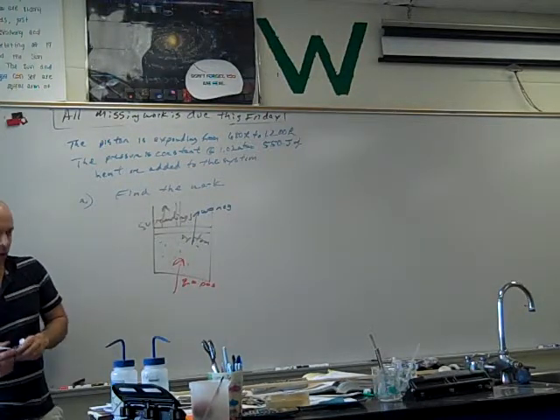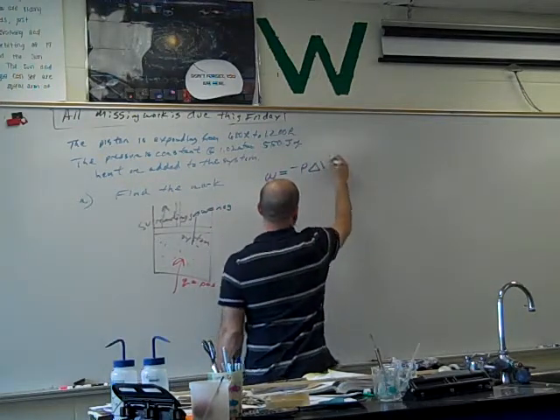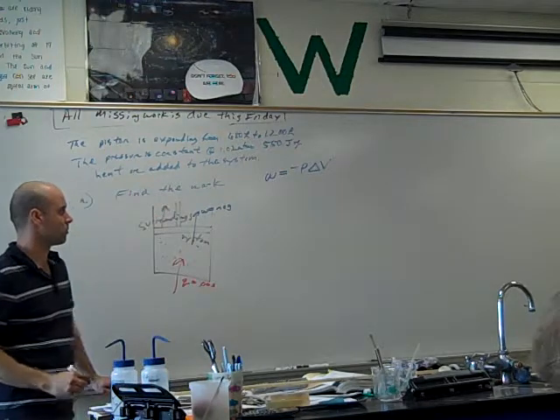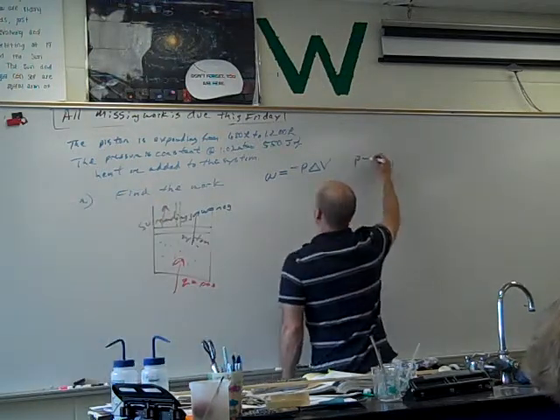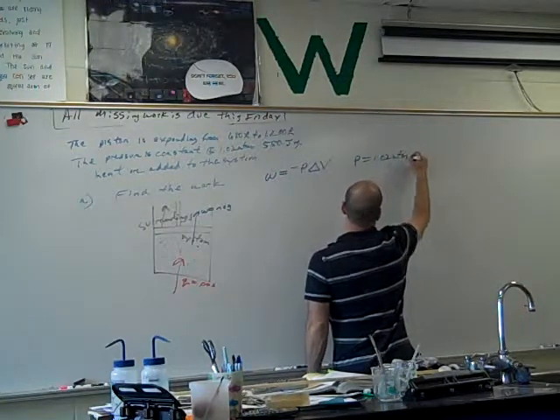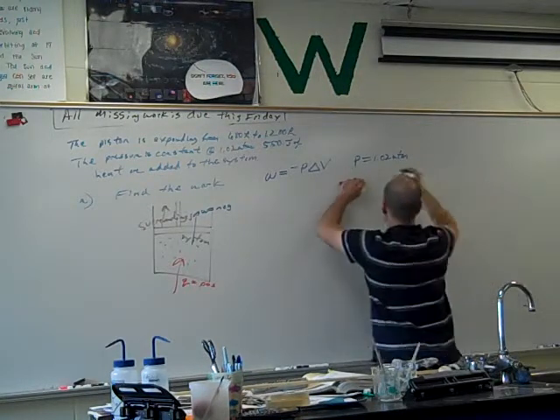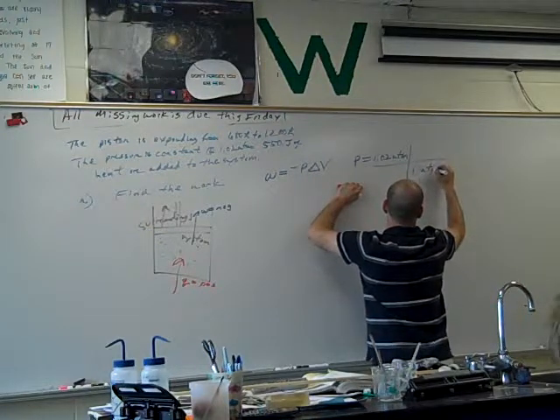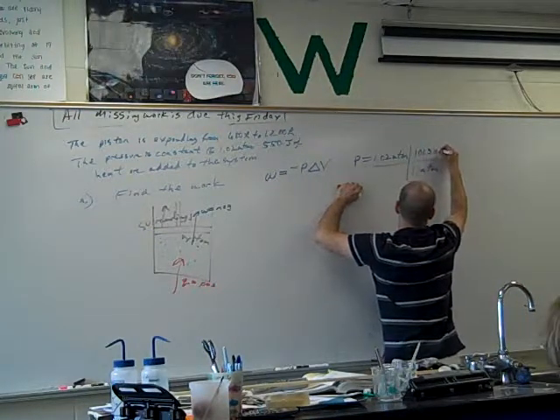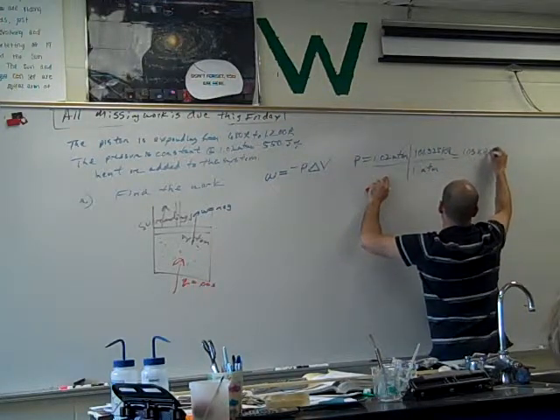So we can already make predictions about the sign. Now let's actually calculate the work. Work is equal to negative P delta V. We are given a pressure of 1.02 atmospheres. Pressure must be in kPa, so we have to convert that. 1 atmosphere is 101.325 kPa, which equals 103 kPa with sig figs.